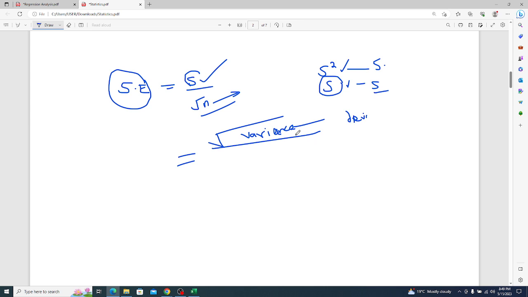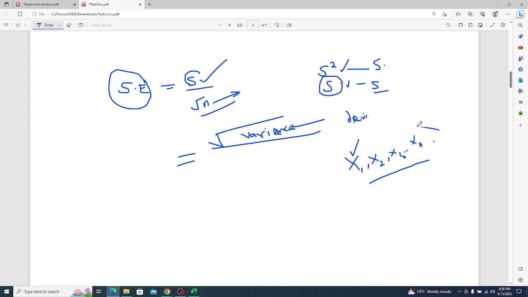Why? Because let's assume we have a data sample with values x1, x2, x3 up to xn. To get the deviation, that is variance, we do a summation of the squared difference between the individual values and the mean.